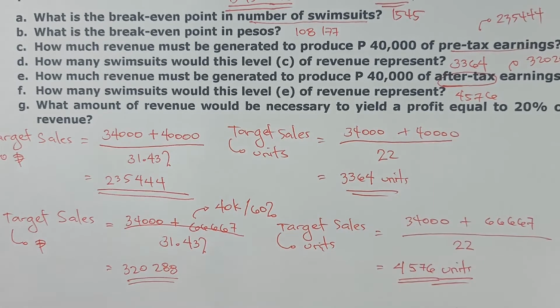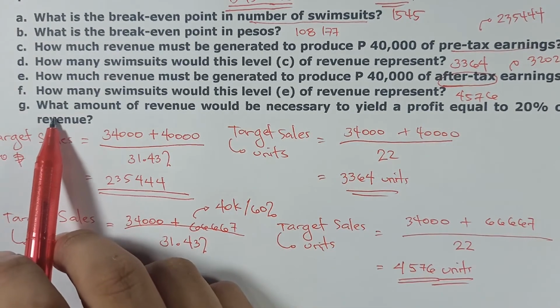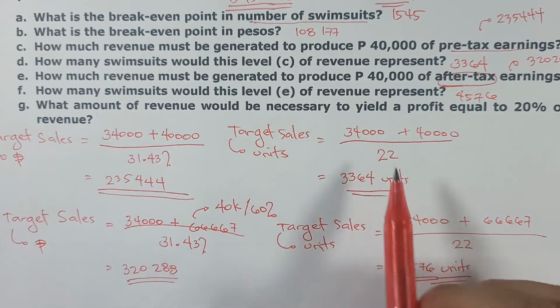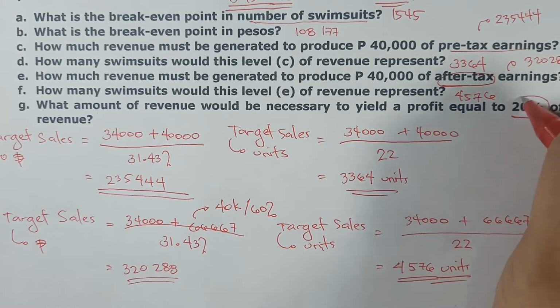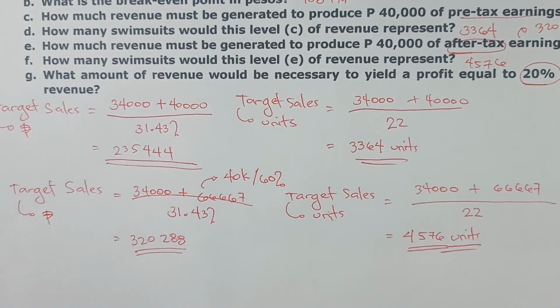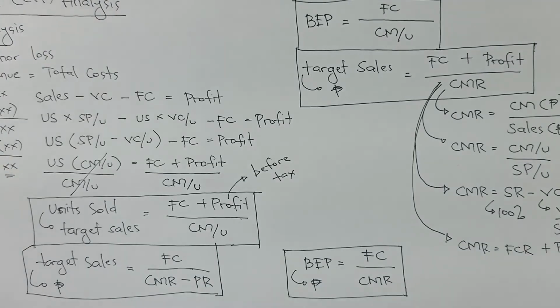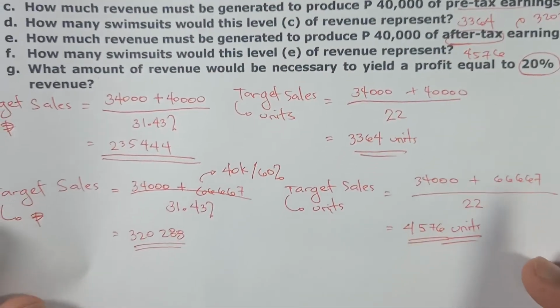Then lastly, requirement letter Golf, what amount of revenue would be necessary to yield a profit of 20% of revenue? So, paano na nga ulit kapag profit ratio ang given? Dinideduct yun sa contribution margin ratio. So, try natin sagutan.